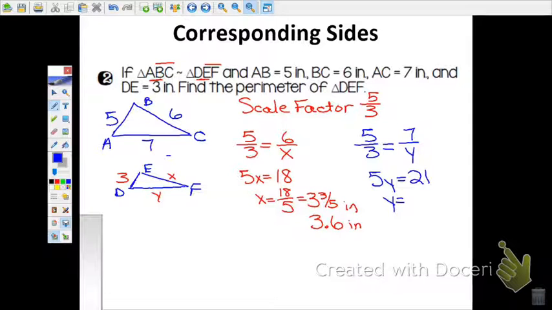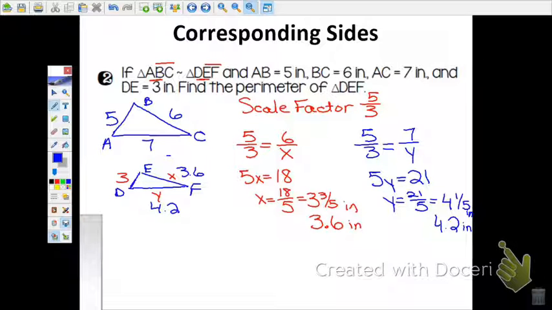Divide by 5, 21 fifths becomes 4 1/5, which is 4.2 as a decimal. Okay. So if your fraction is an ending decimal, you can use decimals. If it's a non-ending decimal, we have to leave it in that fraction form. So my X is 3.6, my Y is 4.2.